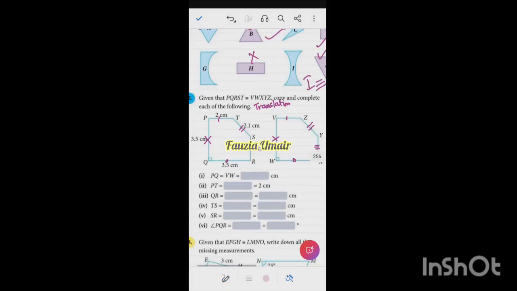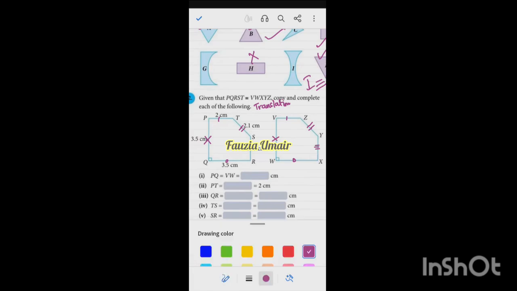Now can you tell me, PQ is the same as VW? What is this equal to? Please keep telling me the answers. 3.5. Okay, so this is 3.5. You can see here. Now PT is corresponding to VZ, which is 2 centimeters.